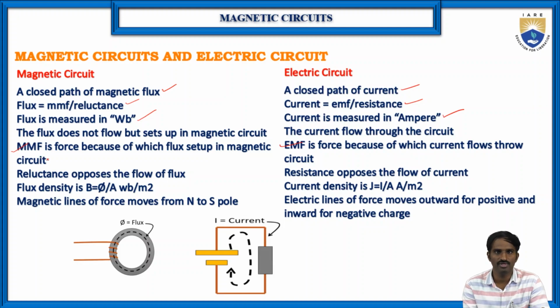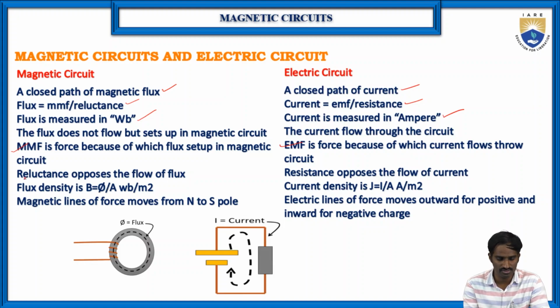MMF is the force because of which flux is set up in the magnetic circuit, and that's why it is called magnetomotive force. EMF is also a kind of force; because of the EMF, the current will flow through the circuit.